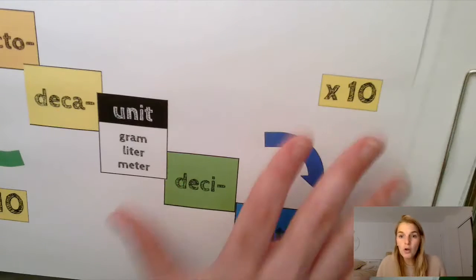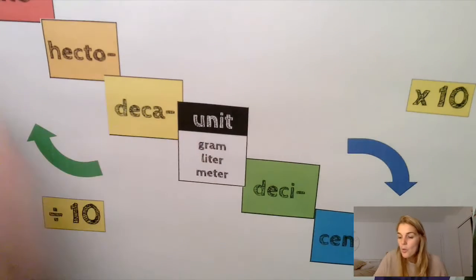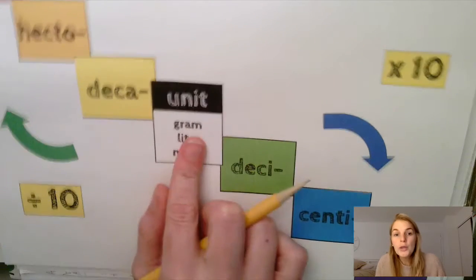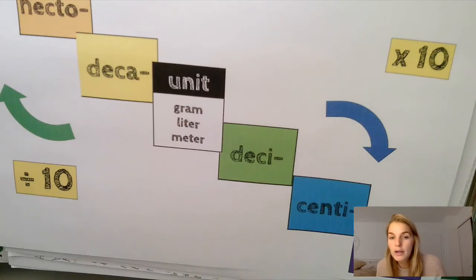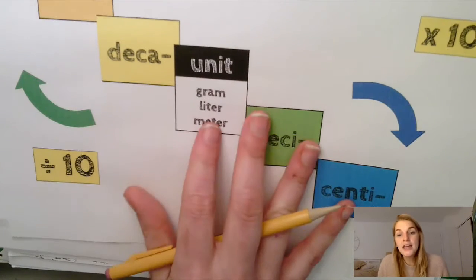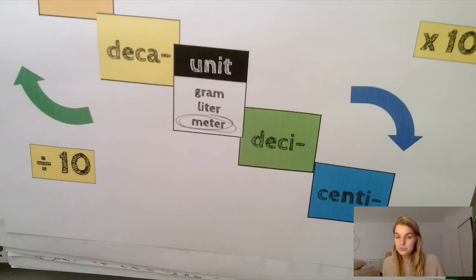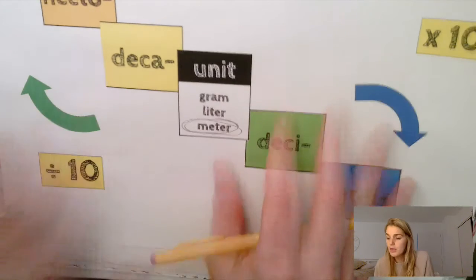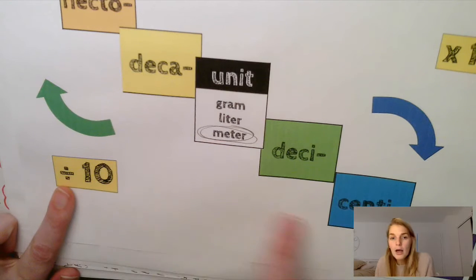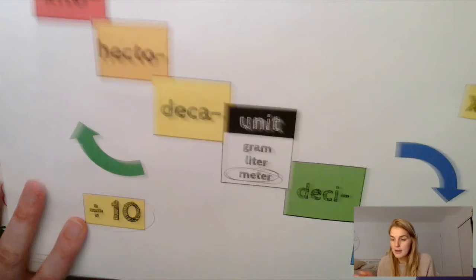Remember, I told you that all of these work by the power of 10, increasing by multiples or being divided by tens. So how this works is we have to pick: what are we talking about? Grams, liters, or meters? Well, today we are talking about units of length, so we're talking about meters. Now, this is how this works. If you go up the scale, you are dividing by 10.